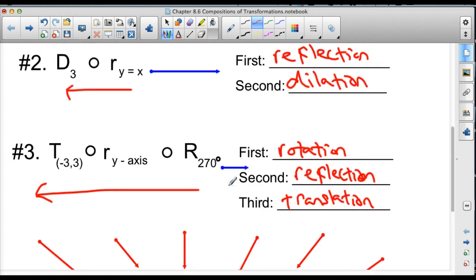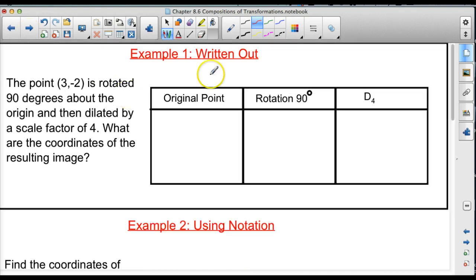Let's look at some example problems of how this works. It might look like a lot, but it's actually very simple. Let's look at example 1. I think it's really useful if you draw these tables like I have them in the notes, because it'll keep your thoughts organized. It says the point (3, -2) is rotated 90 degrees about the origin and then dilated by a scale factor of 4.